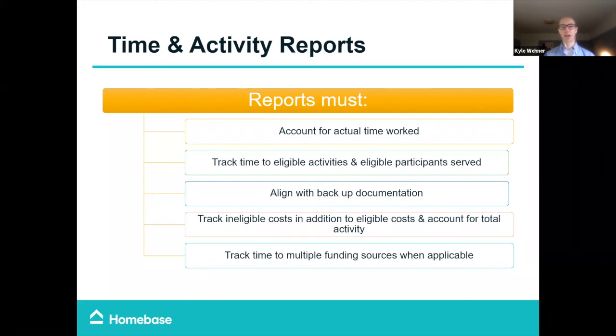So you have to track time specifically to eligible activities and eligible participants served. Not just "I was doing a supportive services thing for a CoC grant"; having that in your record is just not going to be enough. Your record has to reflect which client was being served so that HUD can verify that that client was actually a CoC supported client, and it has to reflect what you were doing for that client.